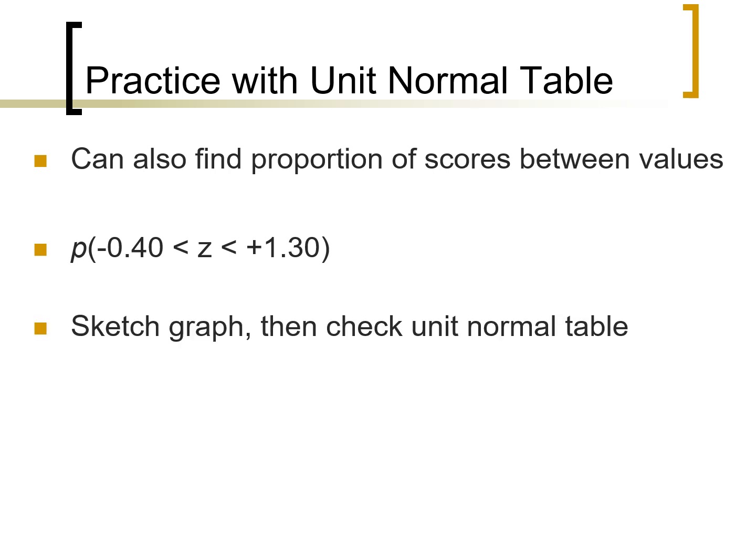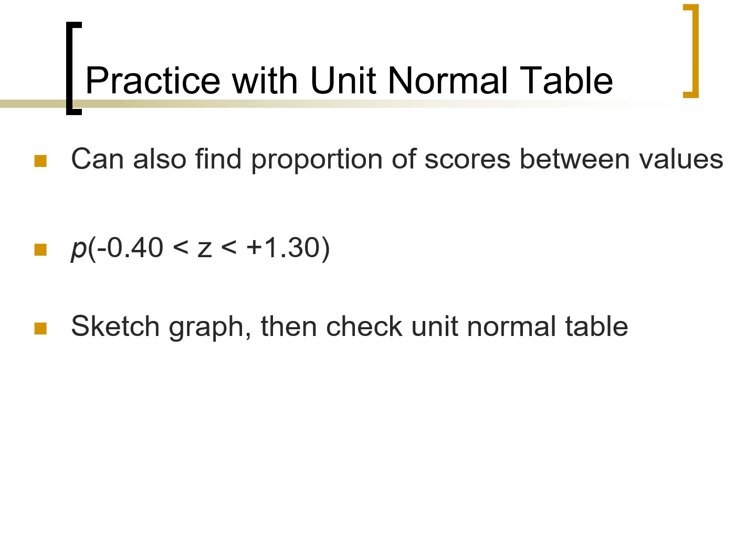Well, we probably want to sketch our graph. So it's good moving forward to have some scratch paper by and actually try and write some of these out. So graph our distribution and then mark where z of negative 0.4 is, and then also mark about where z of 1.3 is.